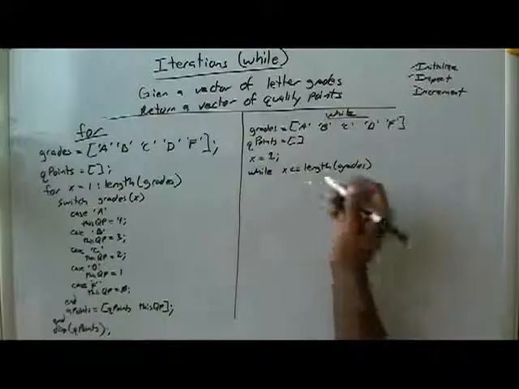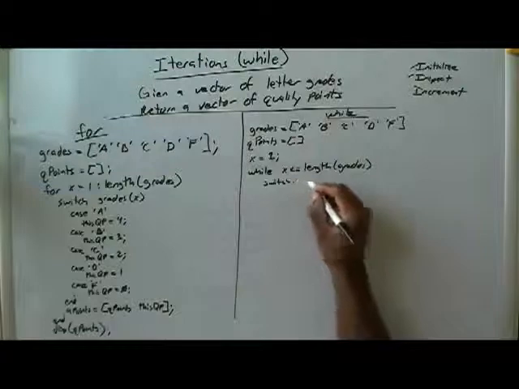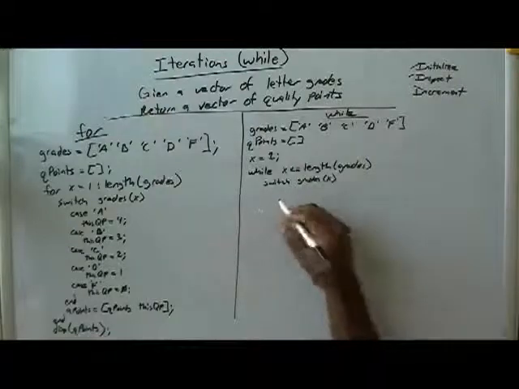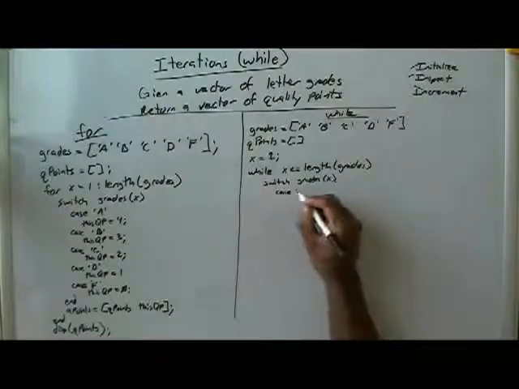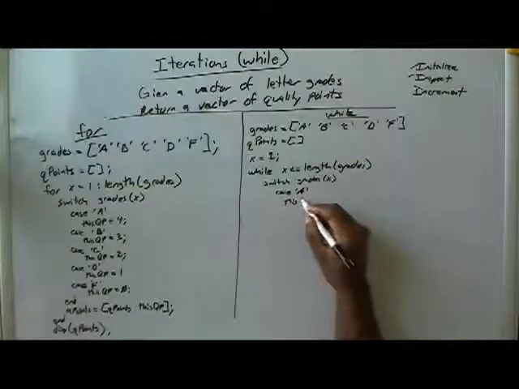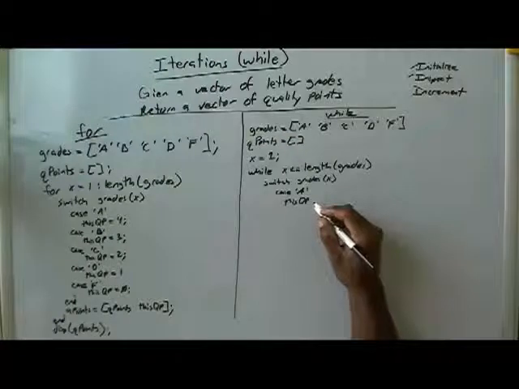Next, we'll start our switch statement as we did before, and we'll switch on grades indexed at x. That's our indexing method. And then we do our case once again. As I said in the last video, this is a good time to try your implementation and then come back to see what I've completed.